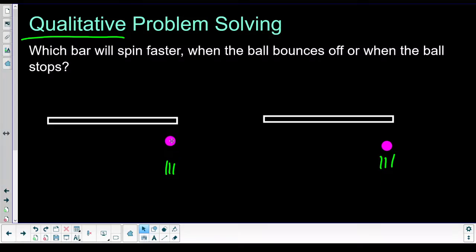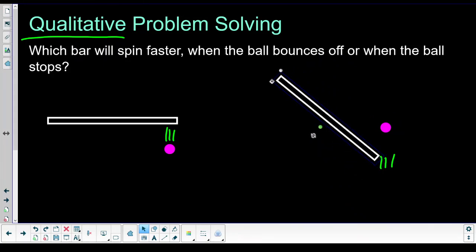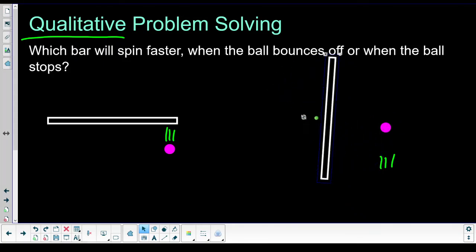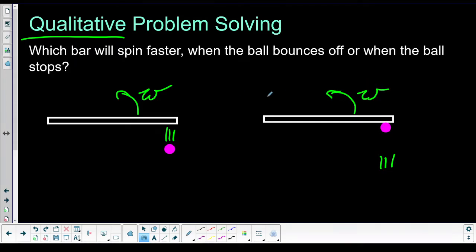If the ball comes in, hits it, and then bounces off, and now it's going that way, or when the ball comes in, same speed, hits it, and then stops, and then this thing starts to spin. And then eventually it'll hit the ball and something will happen. But we're not going to worry about that part. Okay? So which one will have a faster or a larger angular velocity? Which one will spin faster or have a larger omega?